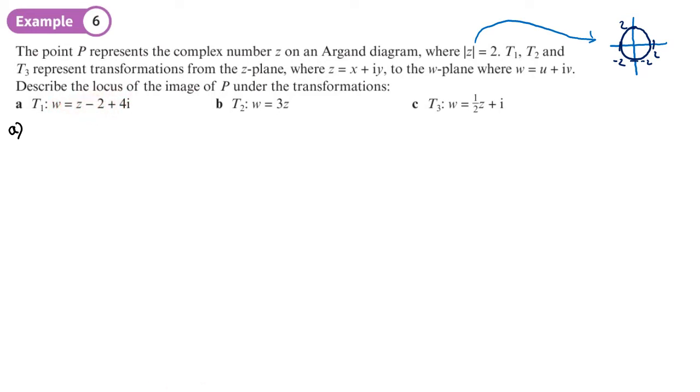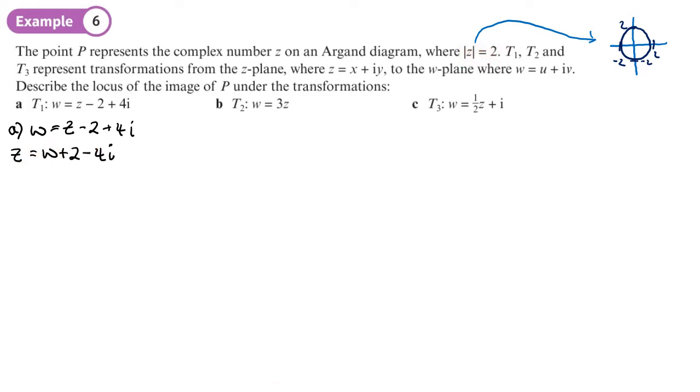So the steps are, we've got w equals z minus 2 plus 4i. So the first step is going to be to make z the subject of that. So I'll have z equals w plus 2 minus 4i. Now we want to be able to substitute in the modulus of z equals 2.